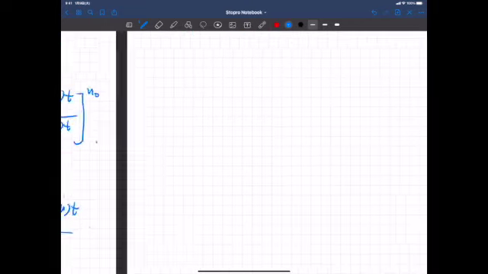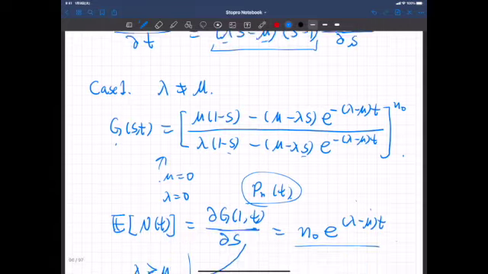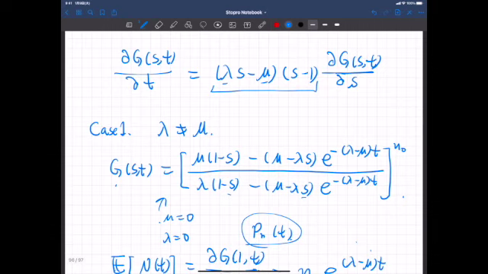And the next is the case where the value of lambda is equal to that of mu. This case must be treated specially because in the partial differential equation, if lambda is equal to mu, then this part is like lambda(s minus 1).